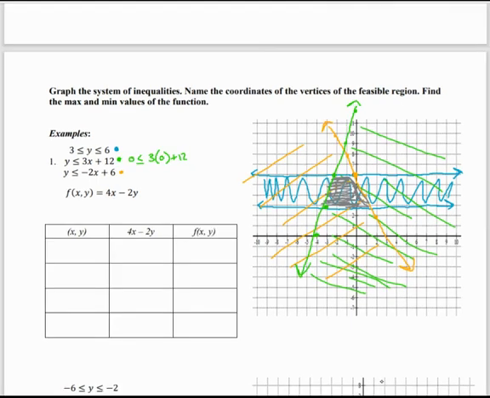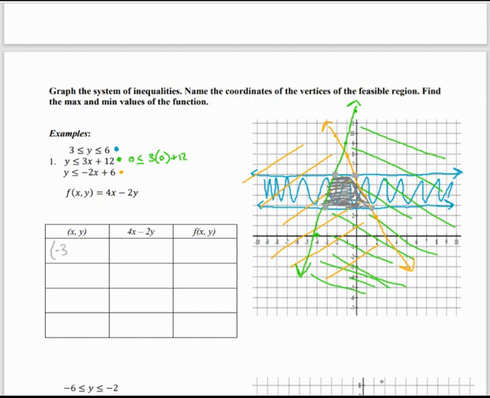So we can see one vertex here is at -2, 6. One vertex is at -3, 3. One vertex is at 0, 6. And then our other vertex, we have to be really careful with, but it is right in the middle. It's at 1.5, 3. So I'm going to write those 4 vertices in the first column here.